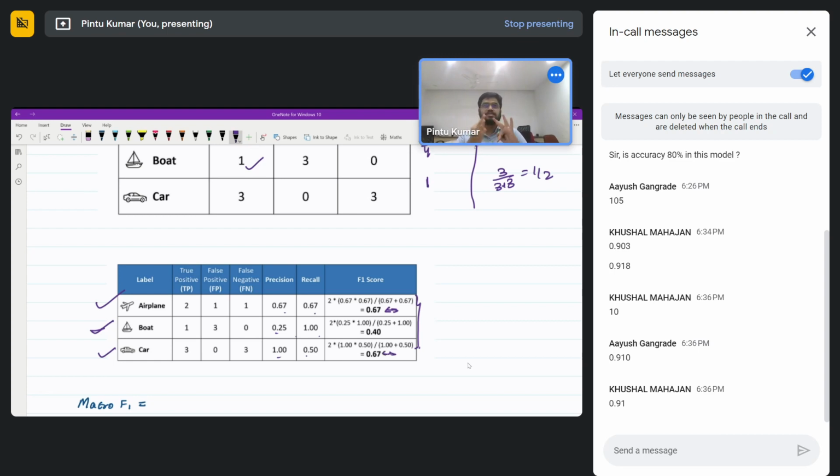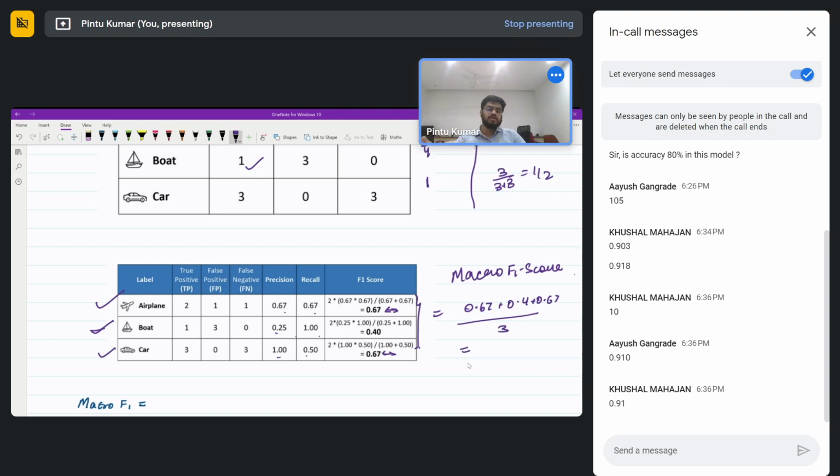Now, I'll discuss three methods to average these F1 scores. First one is called macro F1 score. So what is macro F1 score? This is the most intuitive one. In macro F1 score, you take the average of every class's F1 score. So macro F1 score would be nothing but 0.67 plus 0.4 plus 0.67 divided by 3.